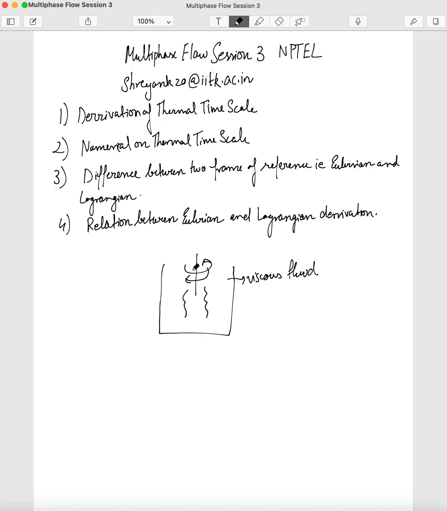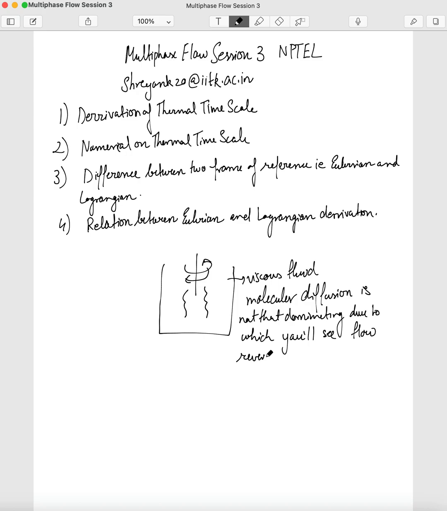I wanted to clarify that when you rotate in any direction, there is a molecular diffusion, and that molecular diffusion is not dominating, due to which you will see flow reversibility.